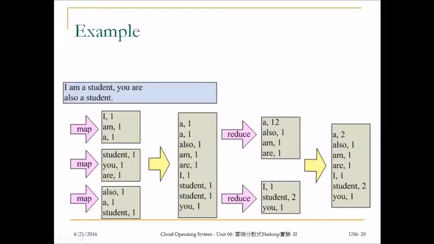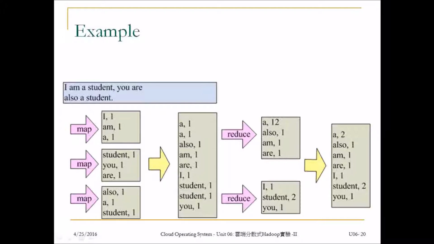In the second reduce task tracker, for example, student: in the original report, there is a key student once, and another key student once.